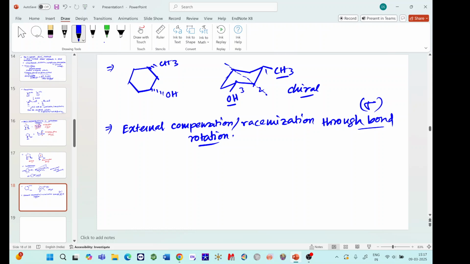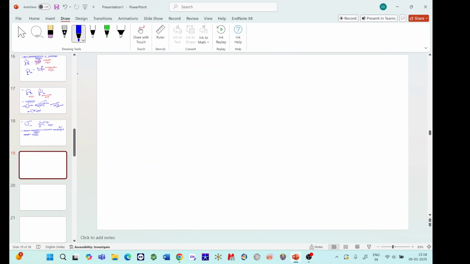Let us take the example of butane. Okay, so in butane you have three types. You already know, but still I will discuss. Three kinds of conformation. So this is a Newman projection I am drawing. CH3, H and H. You have this one.